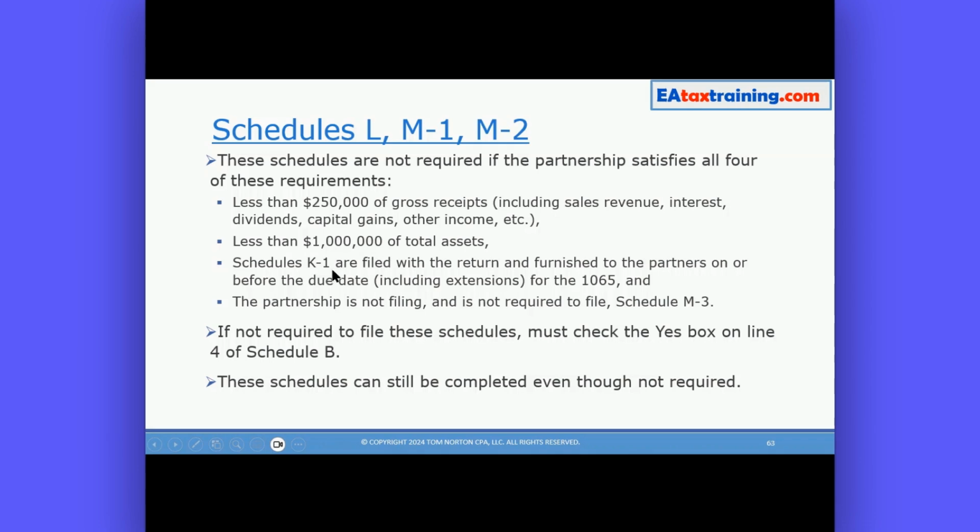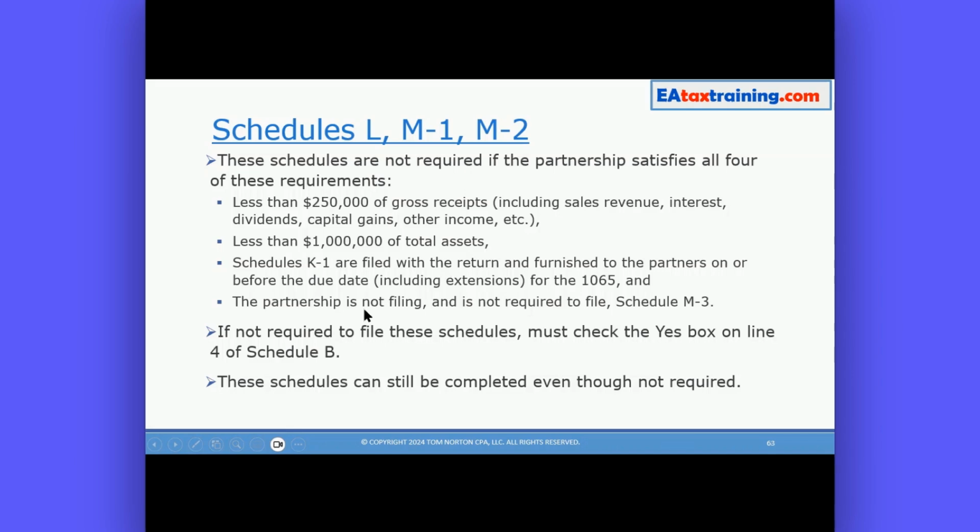Your Schedule K1s need to be filed with the return and furnished to the partners on or before the due date. So if you're filing late, then you are going to have to file schedules L, M1, and M2, even if you meet the other exceptions. But as long as you're filing by the due date, including extension, so it's okay to get an extension, and you meet the other criteria, you do not have to file schedules L, M1, and M2.